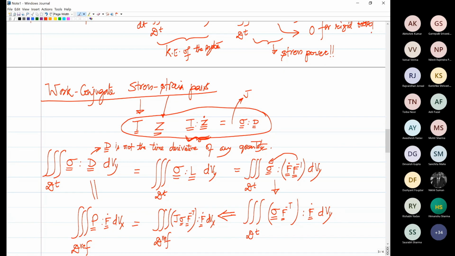And when we want to define work conjugate stress-strain pairs, we want to ensure that stress times the corresponding strain dot gives you the same power as J times sigma double contraction D. This is the definition of how to define work conjugate stress-strain pairs. So if you choose a different strain, you can use this to find out the corresponding work conjugate stress.